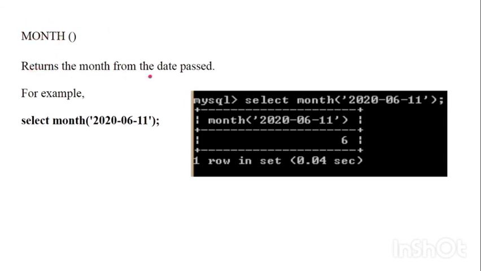Returns the month from the date passed. So in the month function, if we pass a date, it will return the month from the date as the argument passed. So select month, in parenthesis the argument given is date. So from the date it extracts the output as the month, that is 6.